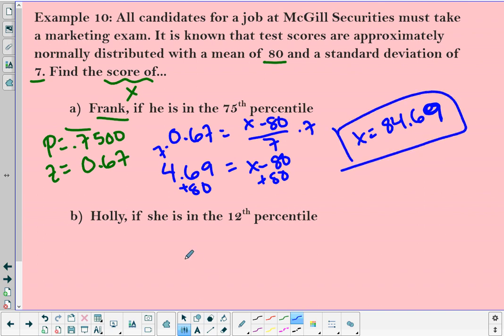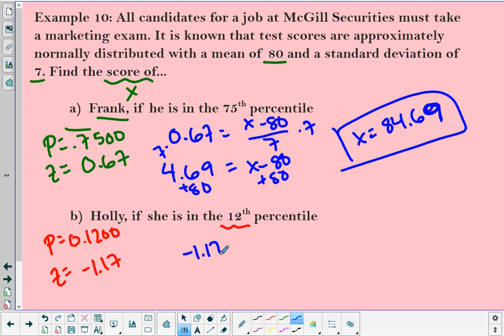Holly, if she's in the 12th percentile, oh, sad Holly, her percentile is only 0.1200. So her z-score is negative, it's low. Her z-score is negative 1.17. So again, I'm given the percent, I look in the body of the table, find the closest thing to 0.12, it's negative 1.17. Now, I gotta plug it in.